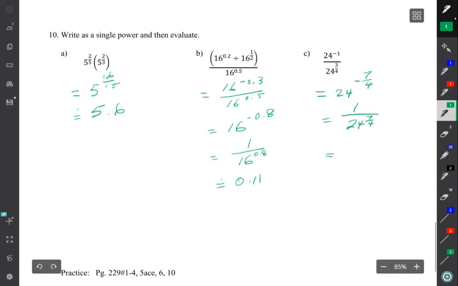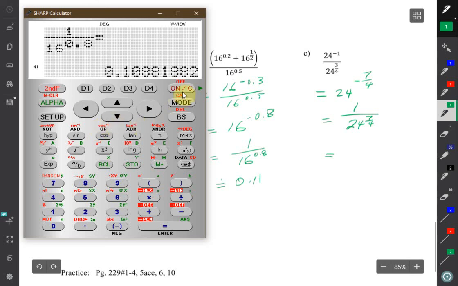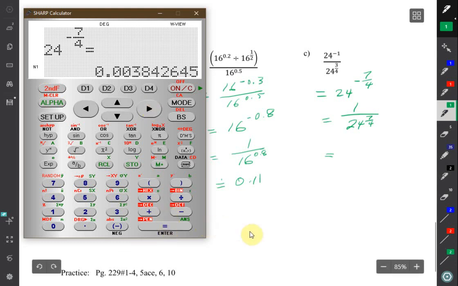Putting that in my calculator, now I could put either of these expressions in. This time I'll put that expression in. 24 to the exponent minus 7/4. That's 0.004.